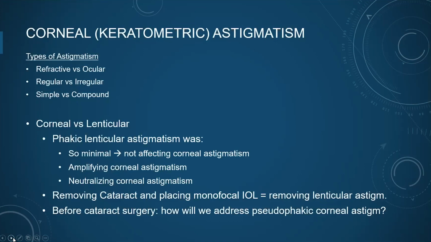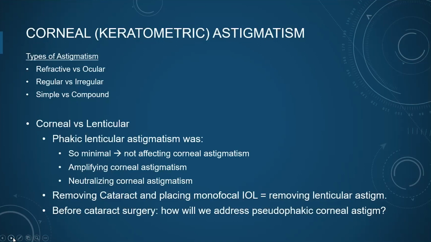Or in many cases, it was neutralizing the corneal astigmatism, and by removing the lens, we now have to figure out a way to neutralize or at least reduce the corneal astigmatism to deliver the best refractive outcome to our patients. And obviously, toric IOLs are an option to do that.